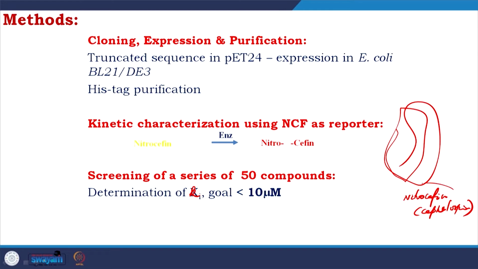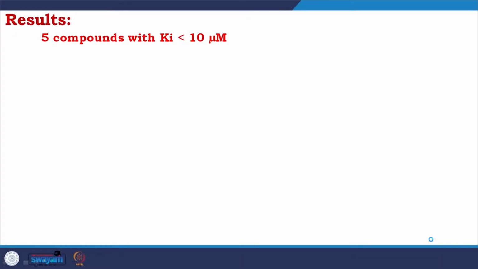When nitrocefin binds, the yellow color becomes bright red. Now, all those inhibitors would compete with nitrocefin. The more potent the inhibitor is to bind, the less color would be generated. So, by calculating the difference in intensity of the red color present here, you could calculate the inhibitory constant. Generally we do it on the Michaelis-Menten, it is a little different. I am going to show you the result.